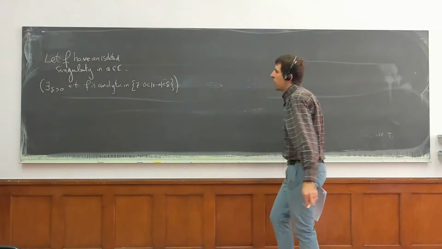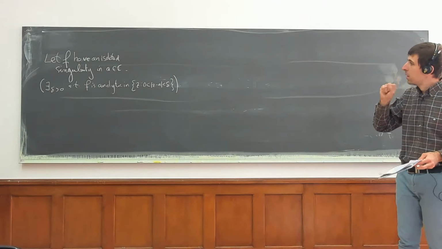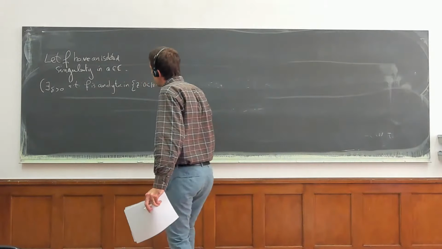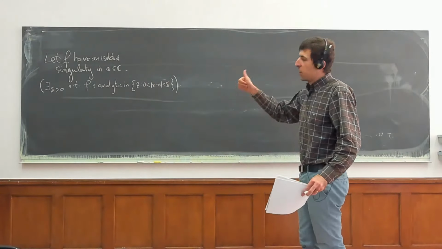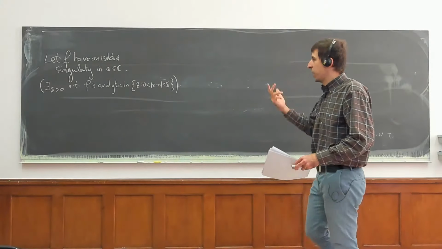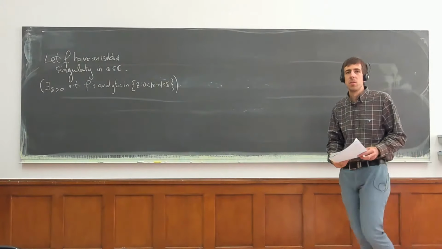And what we saw is that there were removable singularities, which sort of didn't matter at all, and that there were poles.